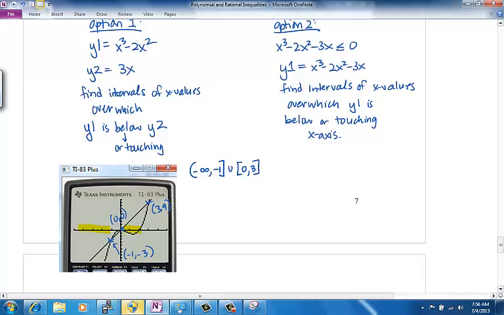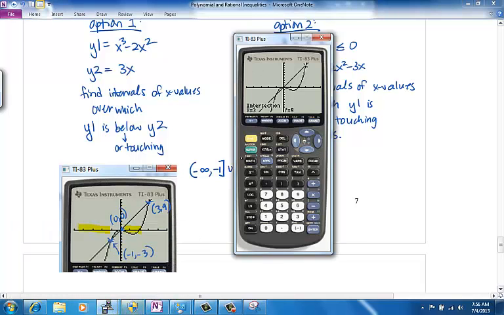Or the other option, if we graph just y1 equals x cubed minus 2x squared minus 3x, then we are just looking at a single graph, and instead of comparing two graphs to each other, we're just comparing one graph to the x-axis, which is a little bit easier in my opinion.